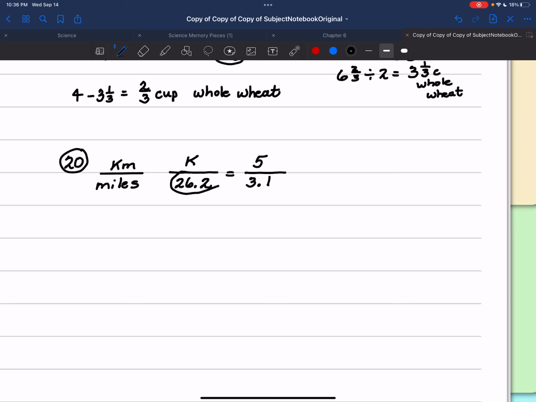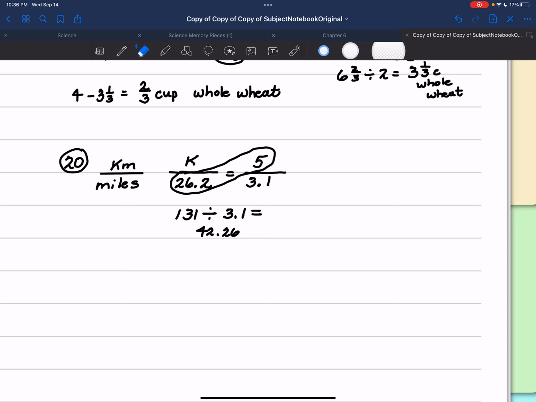So we'll multiply 26.2 times 5. And that is 131. And divide that by 3.1. And we will get 42.25 and so on.